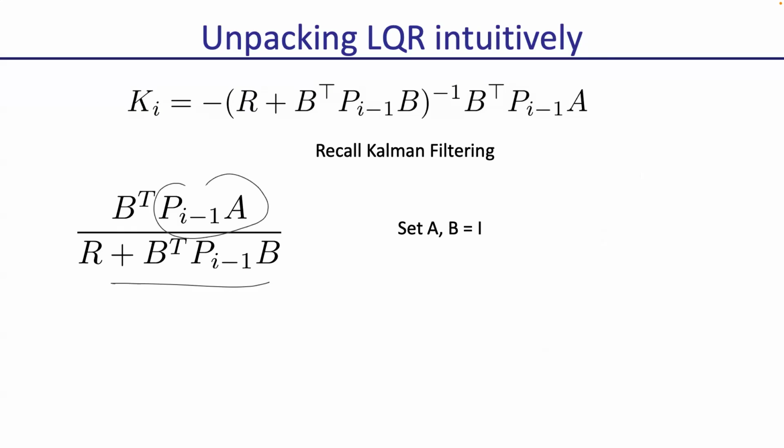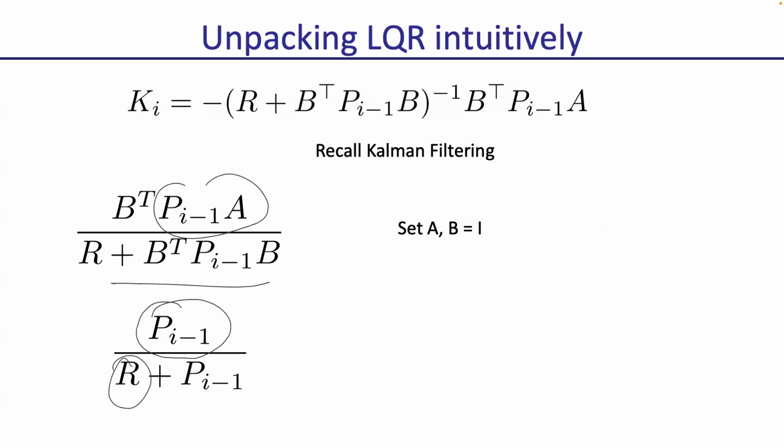If you set them to identity, the K term is basically Pi minus 1 divided by R plus Pi minus 1. So Pi minus 1 is telling you the cost in the future, and R is telling you your immediate cost. In some ways, what this is doing is helping you trade off between Pi minus 1 and R.